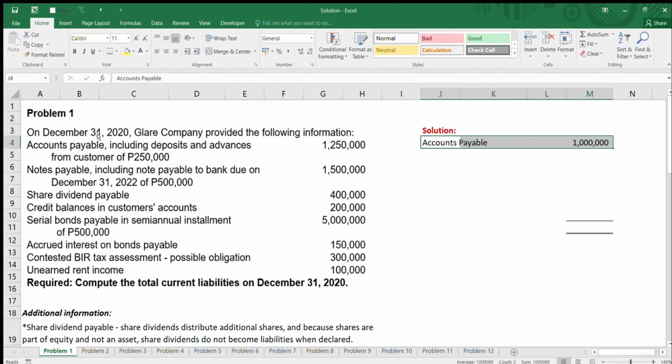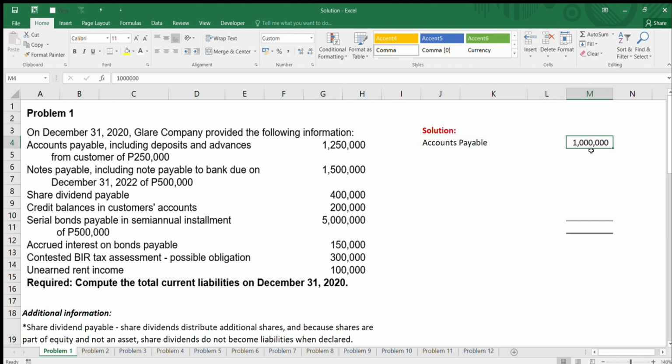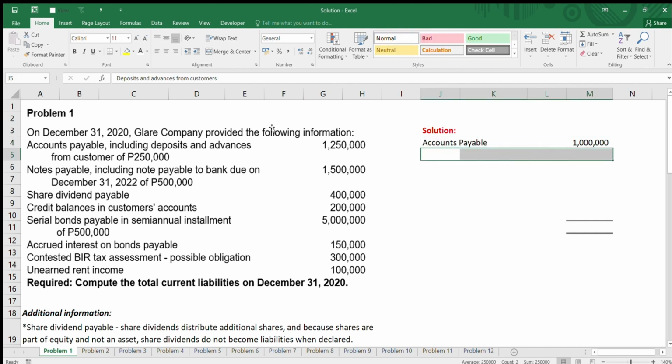However, as you can see, the amount here is only 1 million because it was written that deposits and advances for 250,000 were included. Although that is still part of your current liability, it is a separate line item. That's why I placed it below, deposits and advances from customer 250,000.